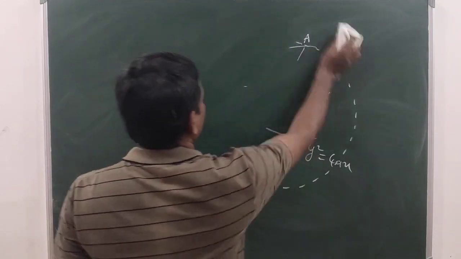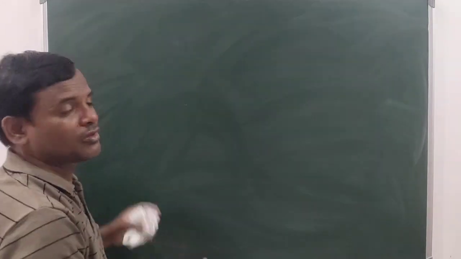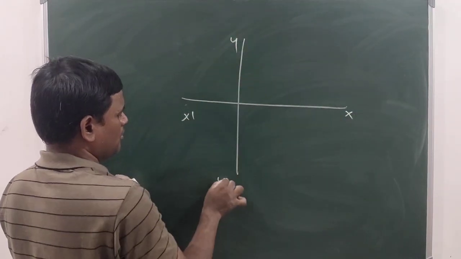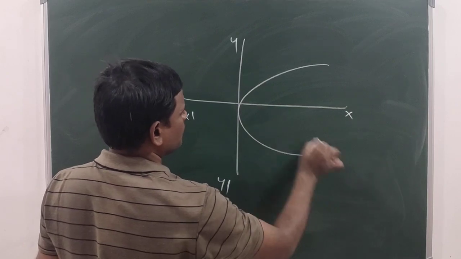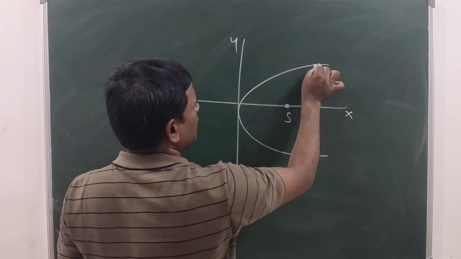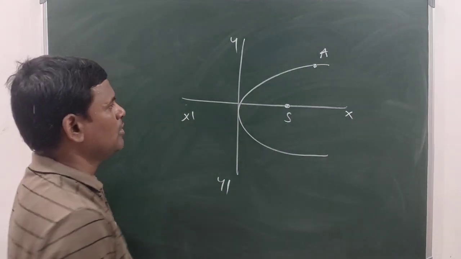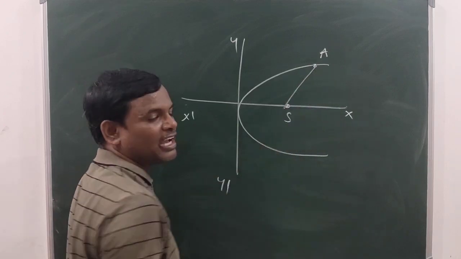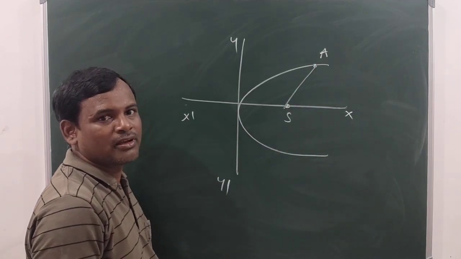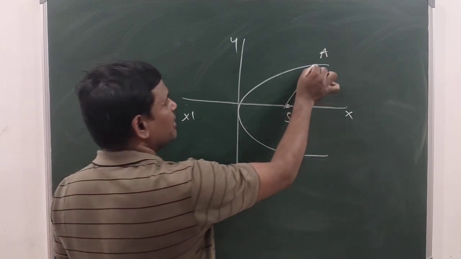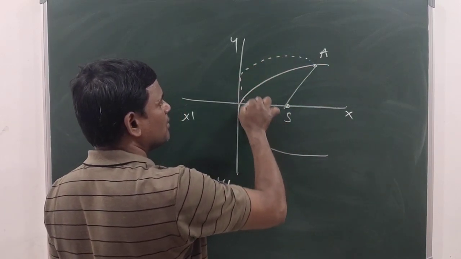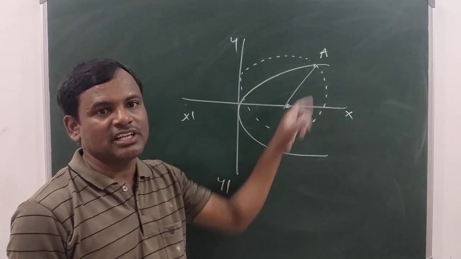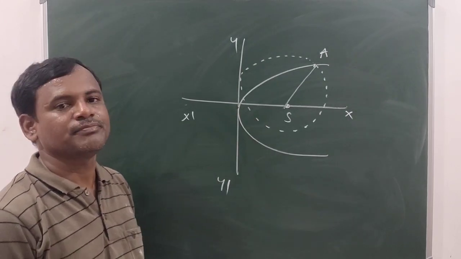Suppose you draw the circle by taking, see, this is the parabola. Here you can take one point A. So draw a circle by taking this focal distance as diameter, then you will get a circle like this. Now this circle is touching the tangent which is drawn at the vertex.